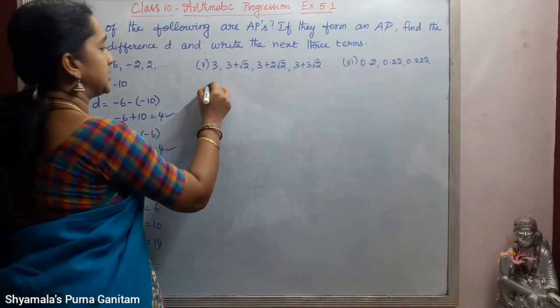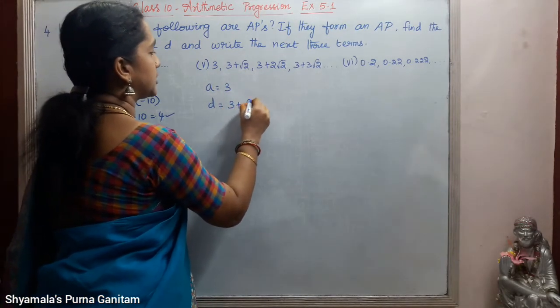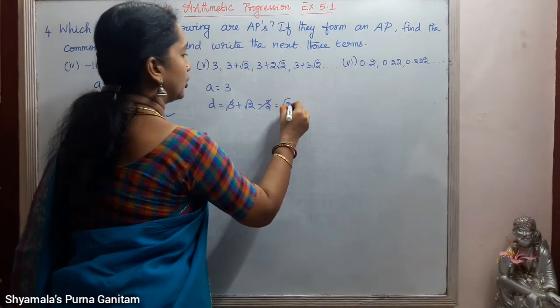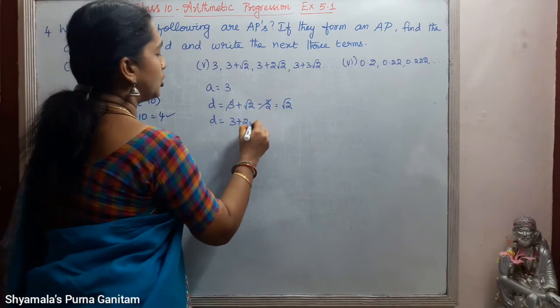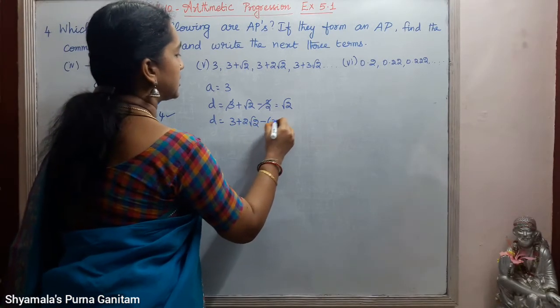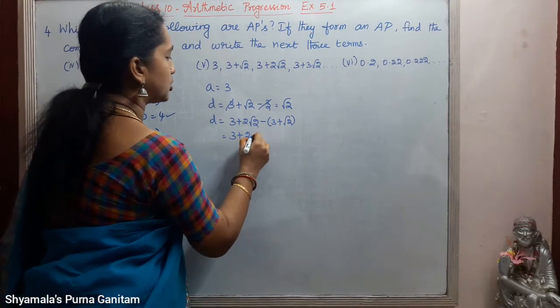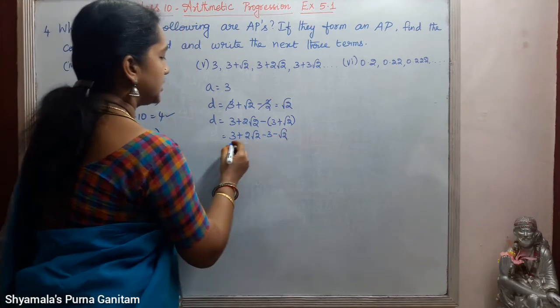Then the next sum: A is equal to 3. D is equal to 3 plus root 2 minus 3. So we will get root 2 as the difference. Then the next one is 3 plus 2 root 2 minus (3 plus root 2). So that is equal to 3 plus 2 root 2 minus 3 minus root 2.